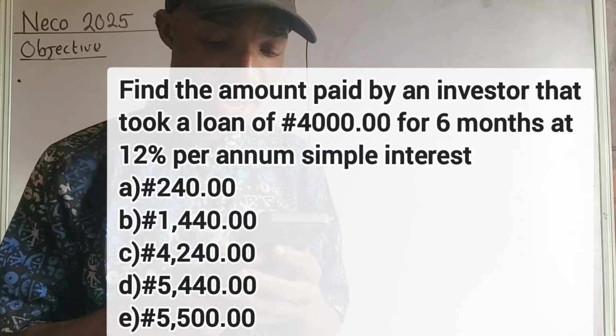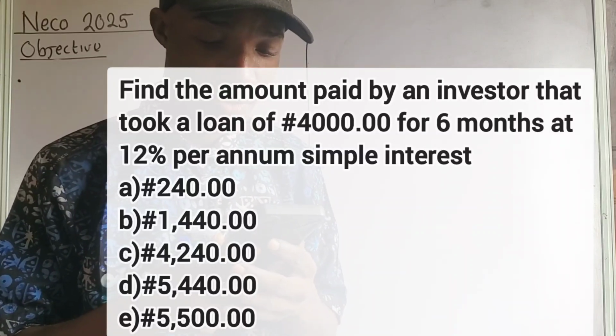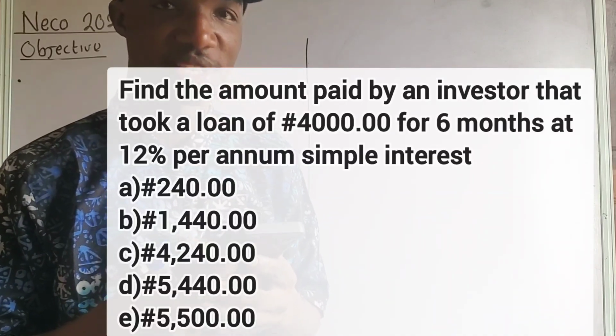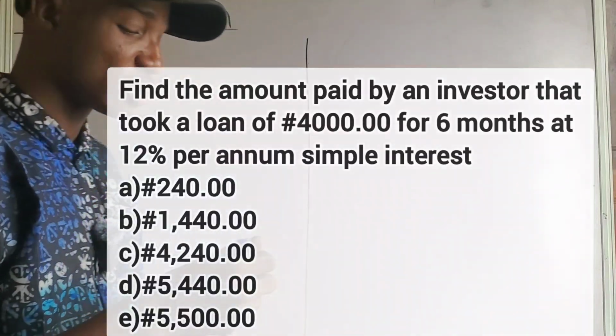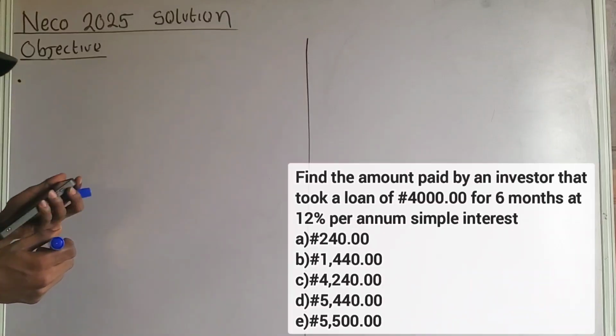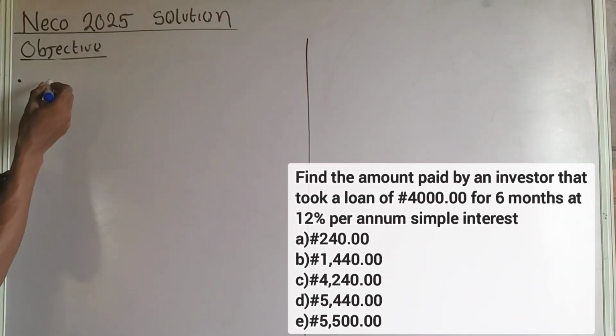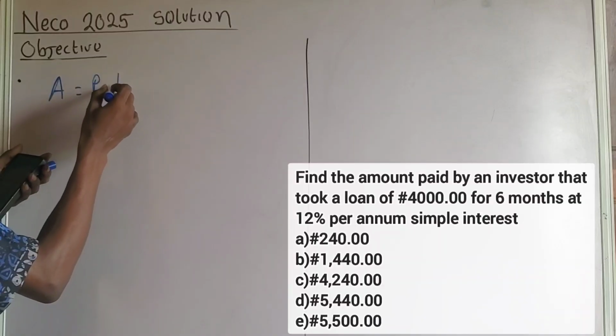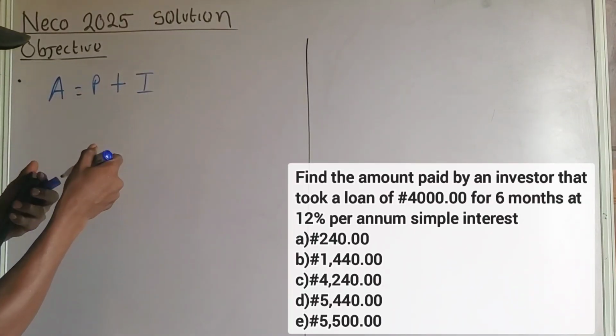Find the amount paid by an investor that took a loan of 4,000 naira for 6 months at 12% per annum simple interest. Okay, this topic, don't forget that amount equals principal plus interest. You understand?